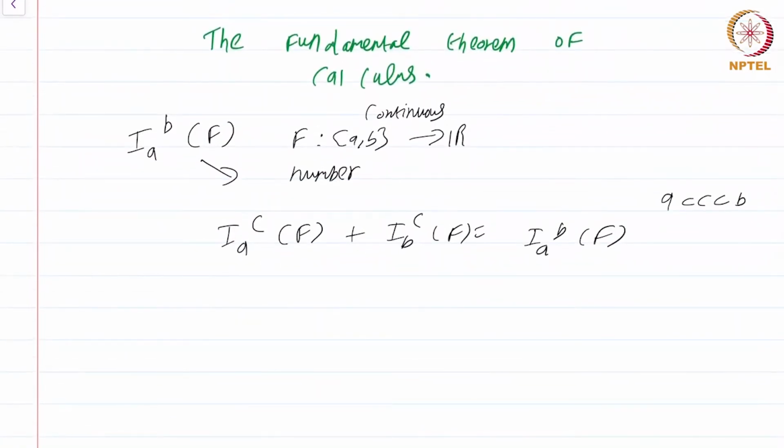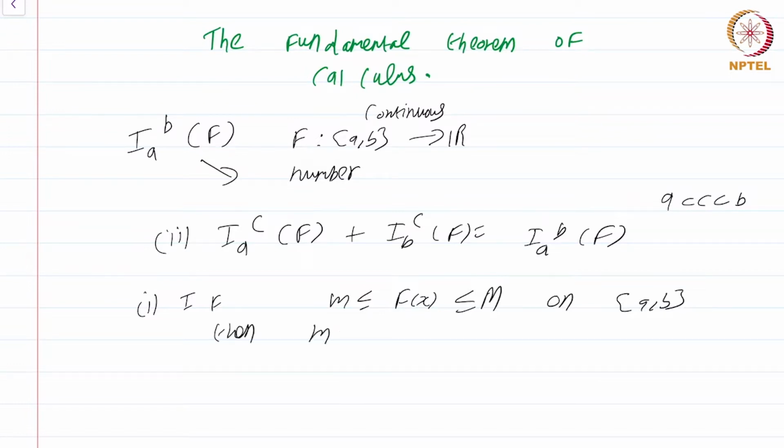And the other property is that if m is less than or equal to f of x is less than or equal to capital M on this closed interval [a,b], then small m times (b minus a) is less than or equal to I_AB of f, which is less than or equal to capital M times (b minus a).